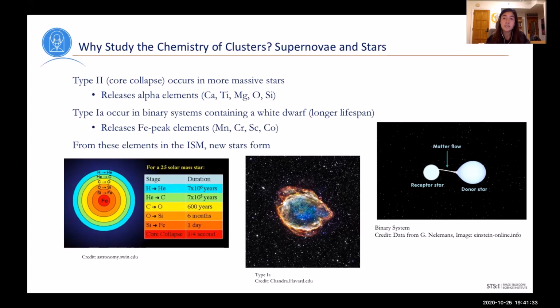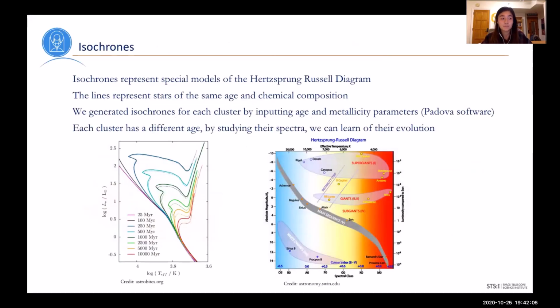So after this, the elements are released into the interstellar medium and new stars will form from their remnants. So by knowing the origins of these elements, we can learn more about the history of these galaxies. Studying star clusters of various ages gives us almost a snapshot of the galaxy at the point in which the cluster formed.